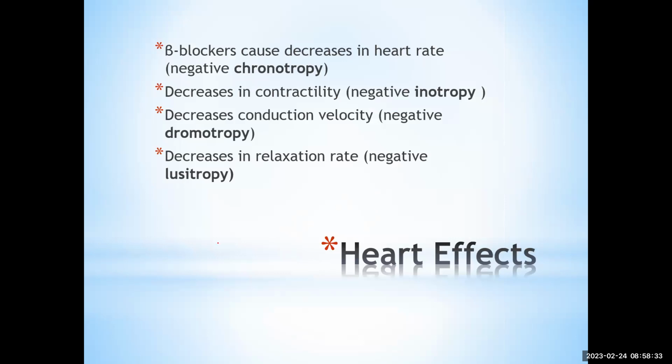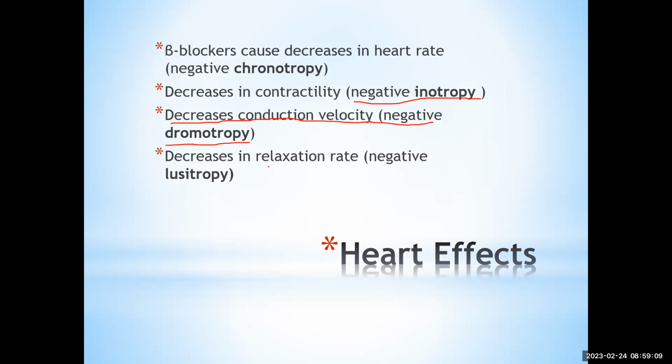They also decrease contractility. Again, decrease calcium, decrease contractility. Therefore, they show negative inotropy. They also decrease the rate of conduction. Rate of conduction turns out to be pretty dependent on those L-type channels. So they decrease conductive velocity. They have negative dromotropy.